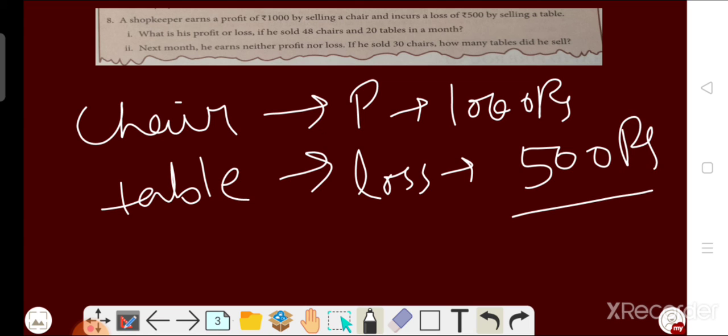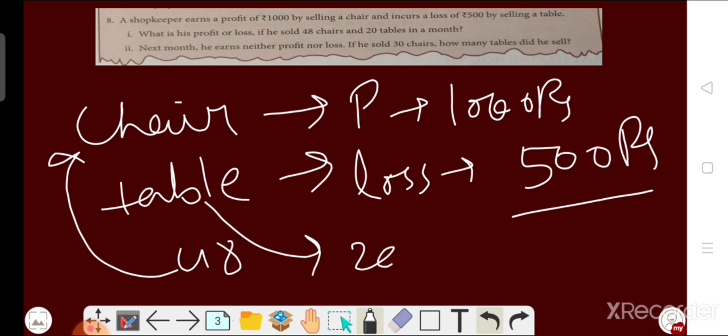Okay. Then what we have to calculate in the first part: what is his profit or loss if he sold 48 chairs and 20 tables.